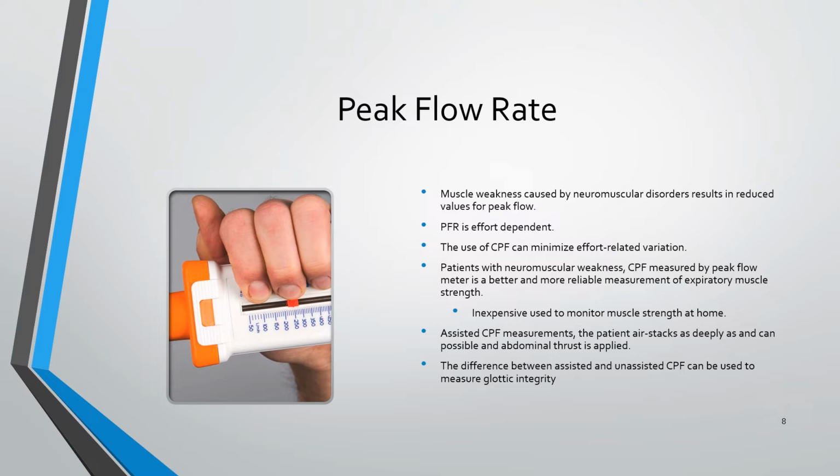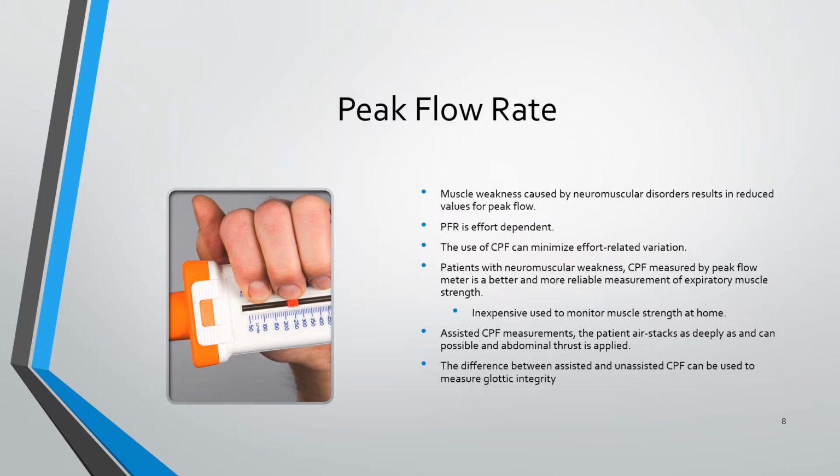In patients with neuromuscular disease, cough peak flows are better than a peak flow meter, because it's a great way of measuring the expiratory muscle strength. It's rather inexpensive, and it can be done at any place you want. And you could also do what is known as an assisted cough peak flow, where the patient air stacks.